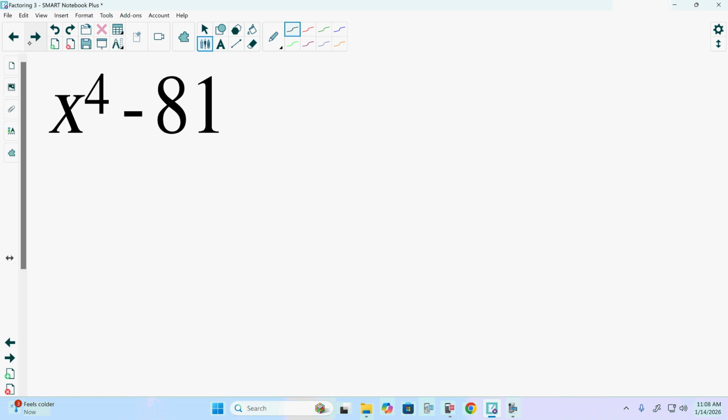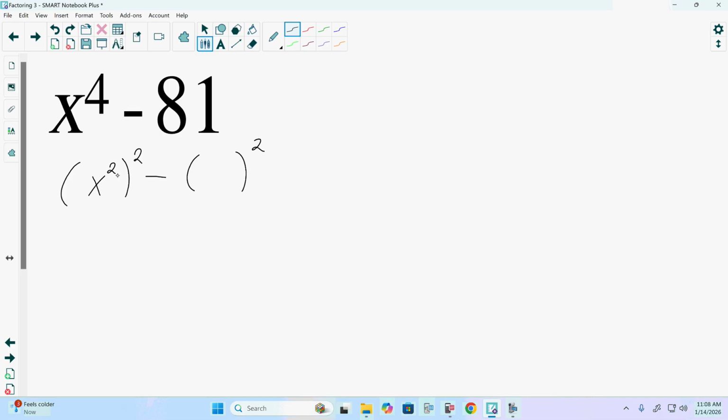X to the fourth minus 81. We're going to look at one more of these here of this type. X to the fourth, we can say is a perfect square. And to write it in our a squared minus b squared form, we would say that it's x squared squared.